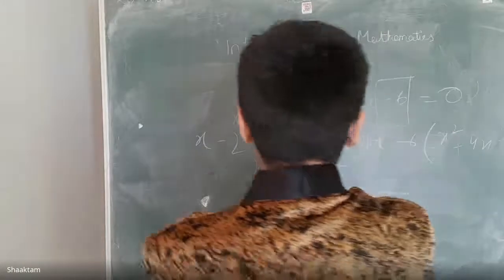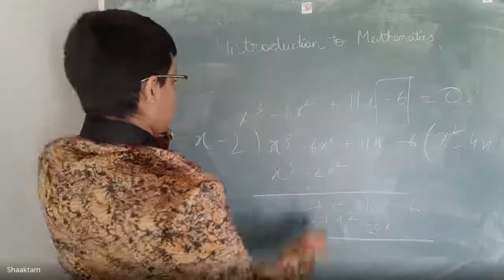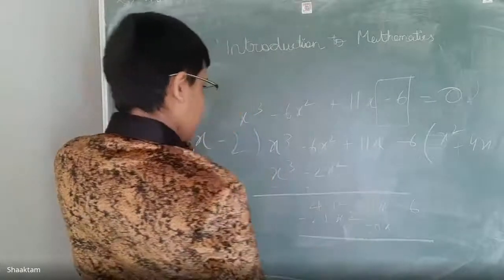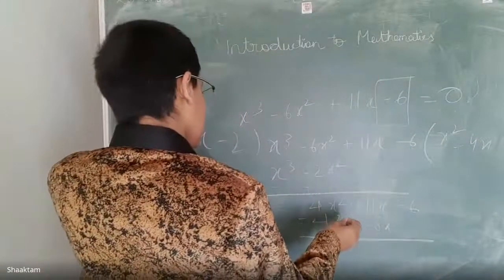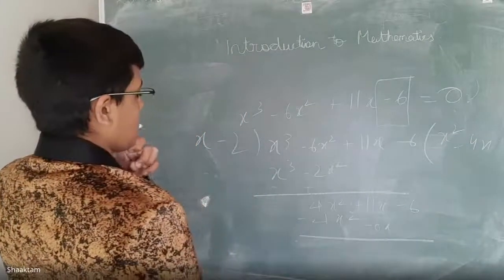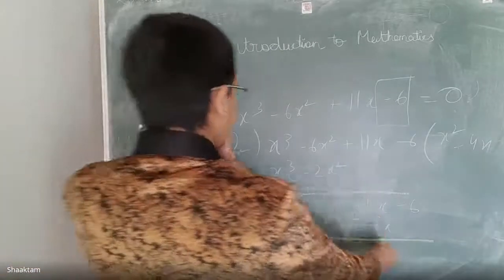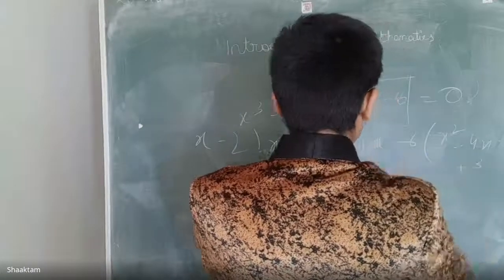If you put a plus over here, it will become 11x plus 8x, 19x. But let me put minus 4x, then 4x square will get cancelled. And then I'll get on this side 3x minus 6. And then I can put 3.